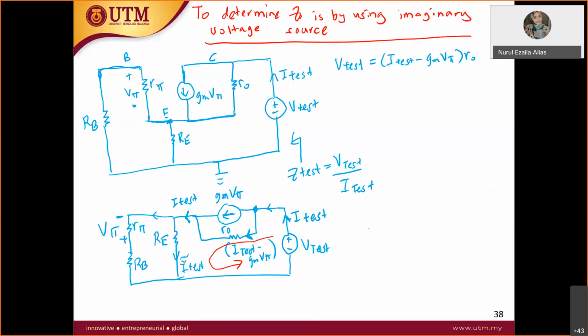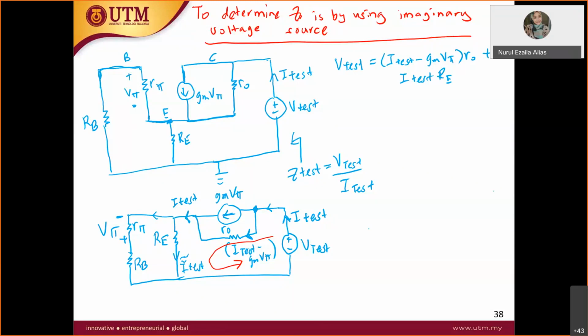You have this resistor and also the voltage at RE, which is plus I test RE. So V test is equal to I test minus GMV pi times R naught plus I test RE. So that is one thing, not finished yet.